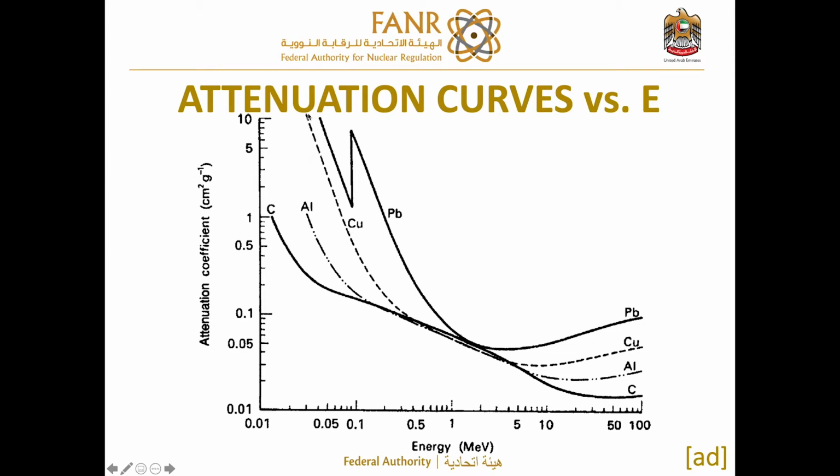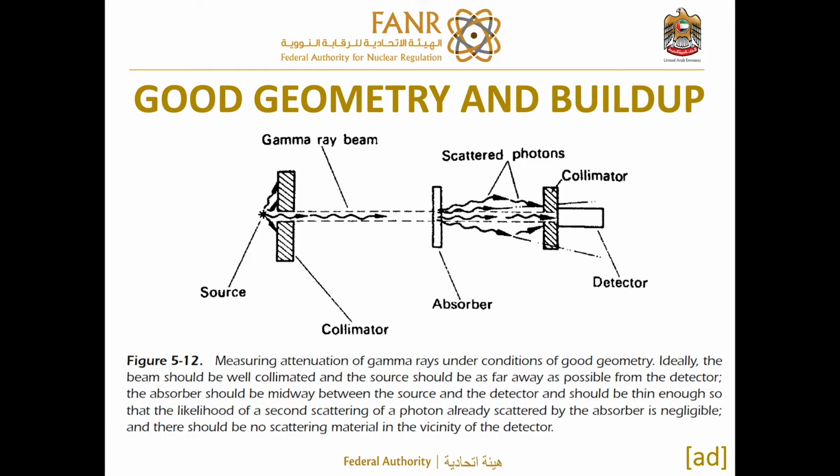A similar behavior is true for other absorbers, although you have to consider that these graphs are logarithmic, so the changes are significant, although they don't look like so much in the picture. So these kinds of curves are generated, and they help us to understand the interaction between beams of photons and specific materials. Now, how are they generated themselves?